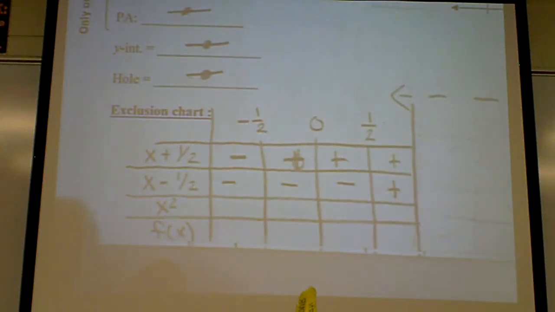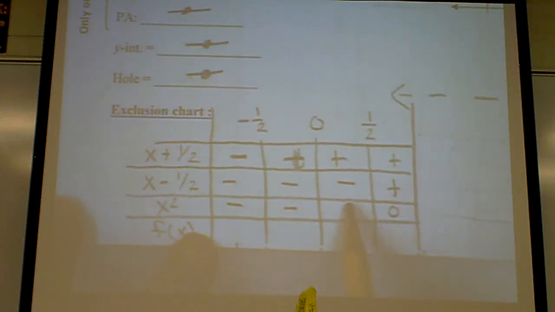Negatives. And this one is to 0. All positives. Oh, all positives, sorry.